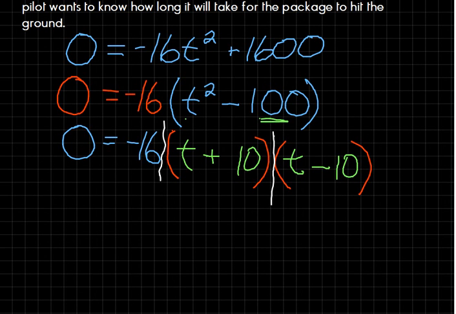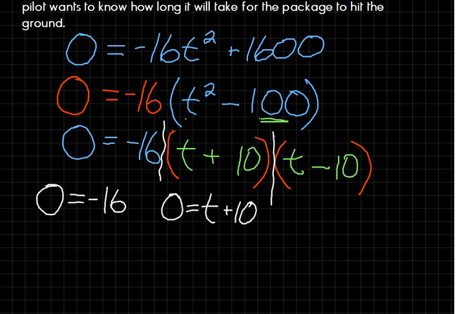Alright, so I'm going to set 0 equal to negative 16. I'm going to set 0 equal to t plus 10. And I'm going to set 0 equal to t minus 10. And I'm going to solve for t in each of these, right?